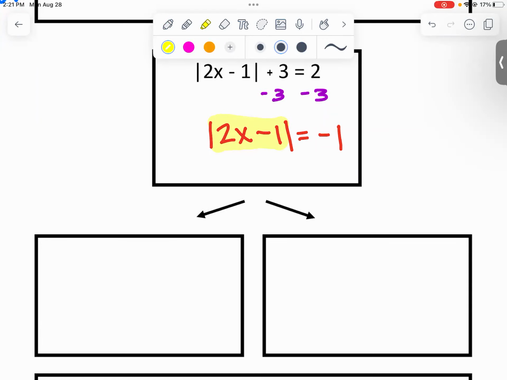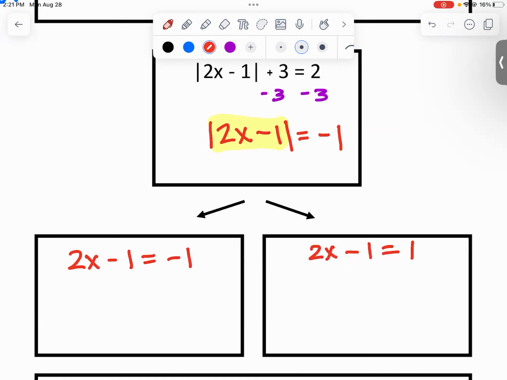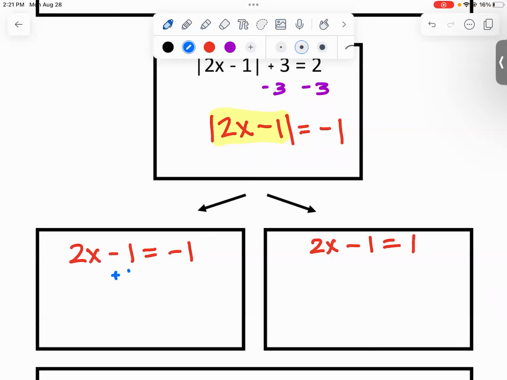Yeah, the absolute value is by itself because the 2x minus 1 is all inside. So we can write 2x minus 1 equals negative 1 and 2x minus 1 equals a positive 1. So let's solve this one. We would have to add 1, right? 2x equals 0. So what does x equal? 0.